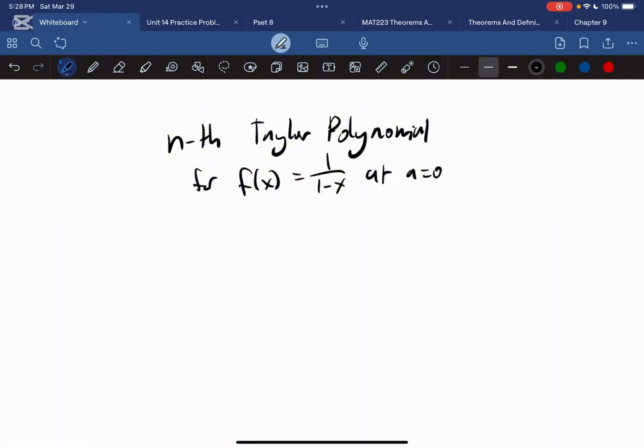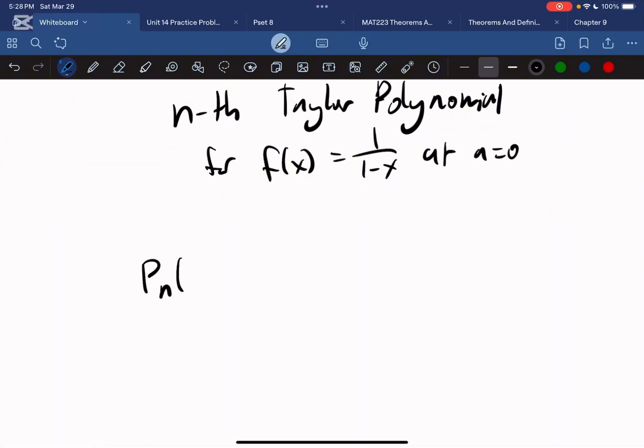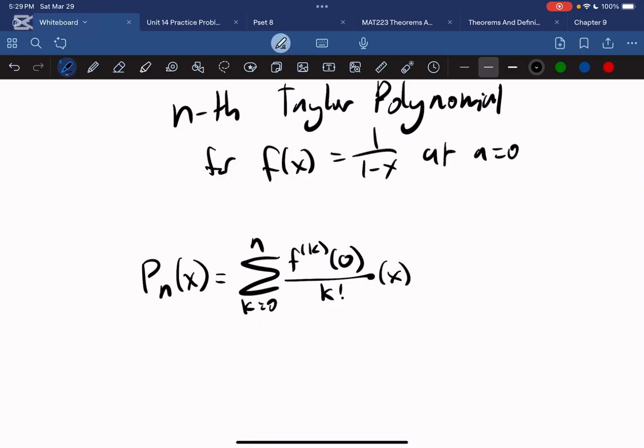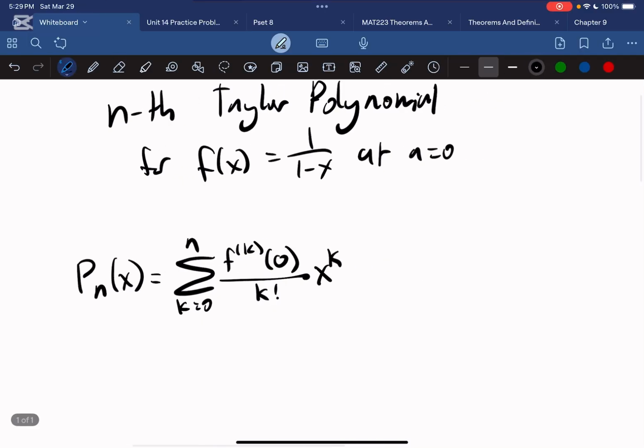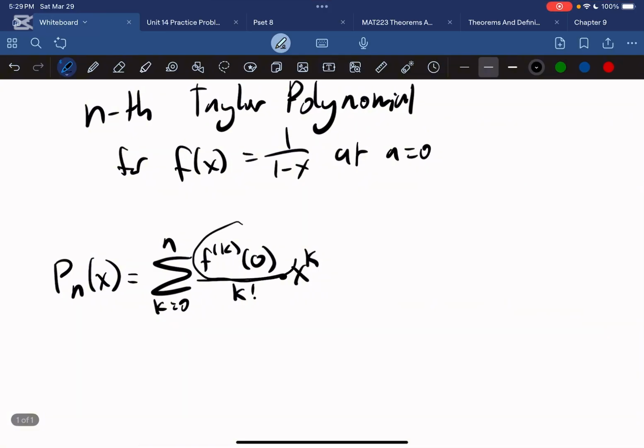Now let's actually see how we can solve it. So we know the Taylor polynomial is given by this, right? The sum from k equal to 0 to n of f^(k) at 0, divided by k factorial, times x to the k, right? This should make sense. So now we need to see if we can rewrite f^(k) at 0 as something in relation to k.